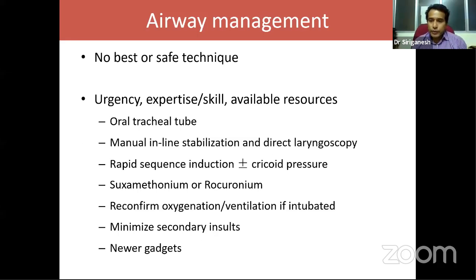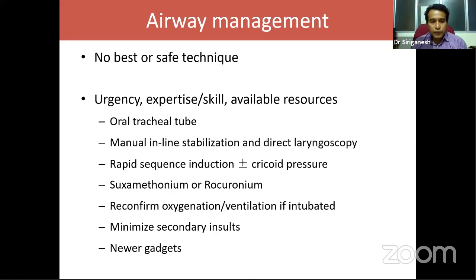Preferably, oral tube should be used because skull-base fractures might be present, and the nasal tube is therefore not advisable. There is a lot of evidence regarding manual inline stabilization and direct laryngoscopy. So that is the most preferred technique for securing the airway with modified rapid sequence induction and with or without cricoid pressure.